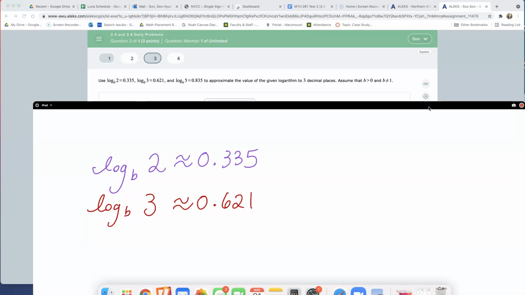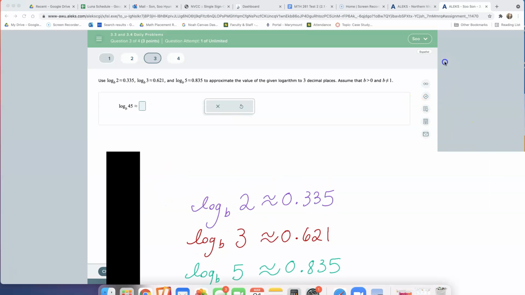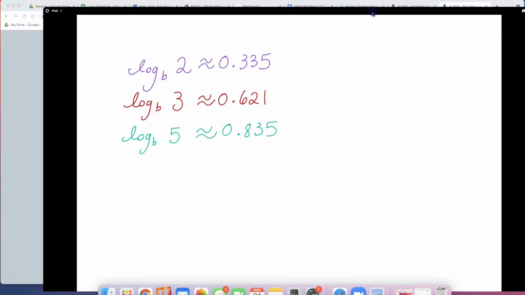And the last piece of information that we have is log base b of 5 is approximately 0.835. I try to color code these so that I can call them by their colors, okay? So what do they want? They want us to find log base b of 45, okay?